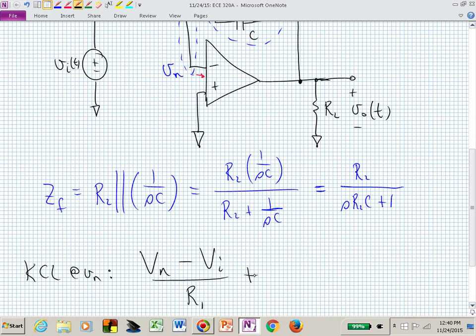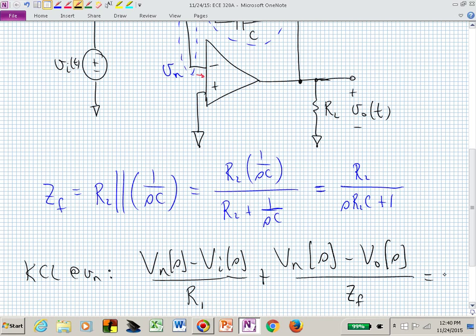And if that's what's going left, something similar is going right, where now we have V sub n minus V sub 0. And all of these, now that I made a big deal about being in the frequency domain, maybe I should emphasize that here by making these arguments of S. And those two currents now sum to 0.